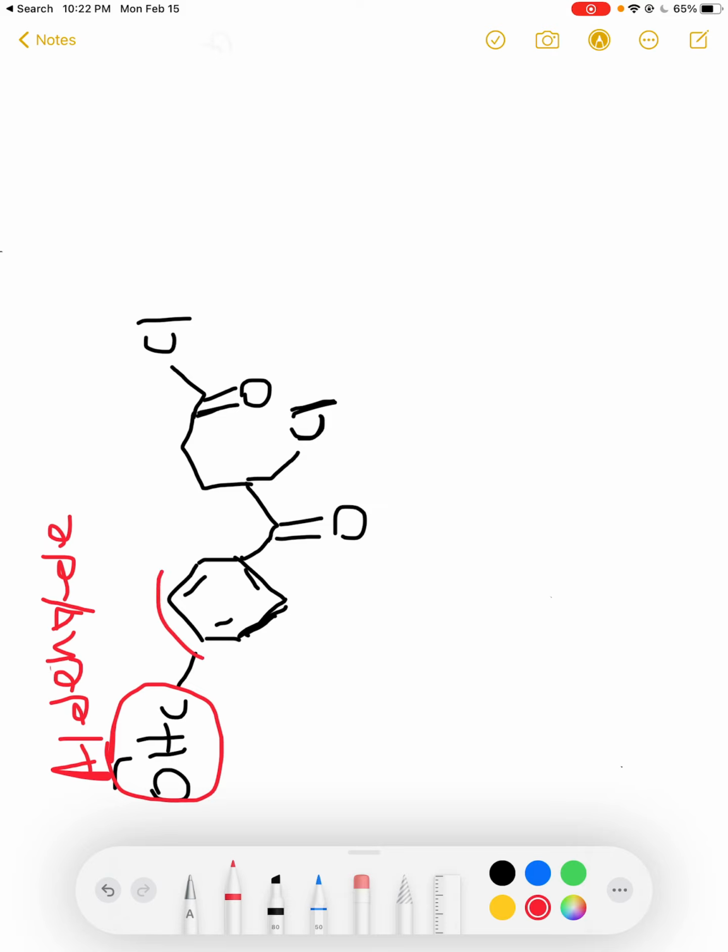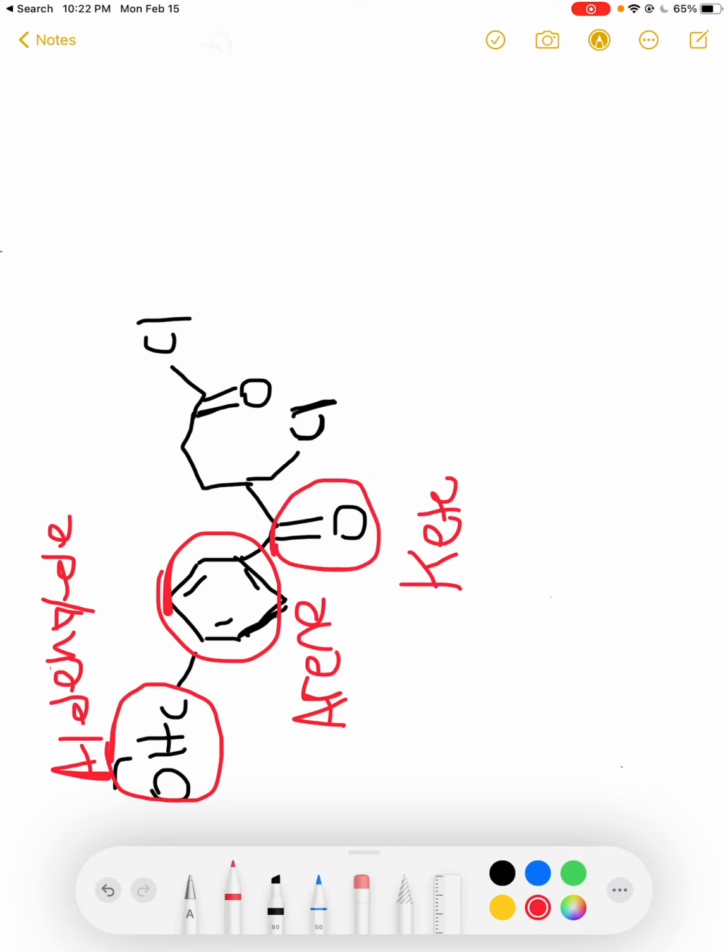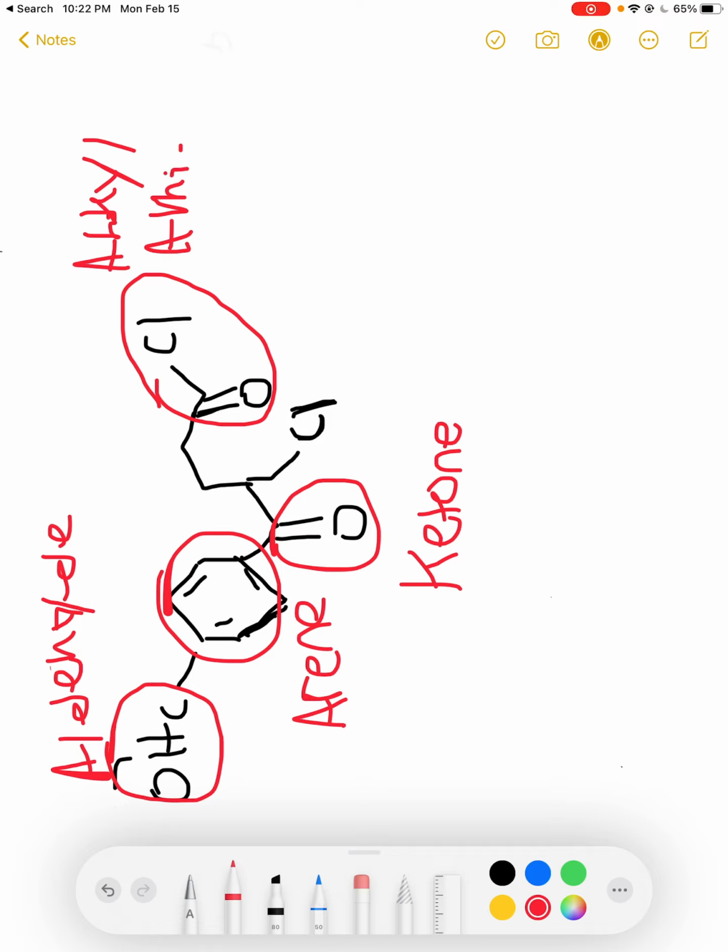So this one right here will be an arene. At the bottom, you have a ketone. Next, over here, this is an alkyl aldehyde. It's kind of hard to write with this pen. But from this structure, this is basically what you could get from that one.